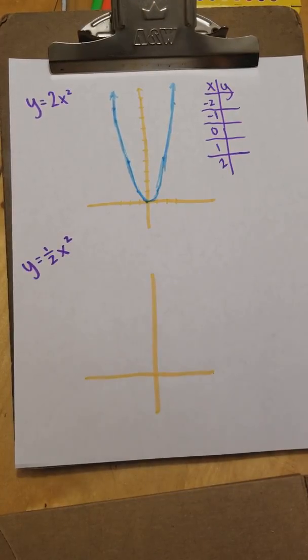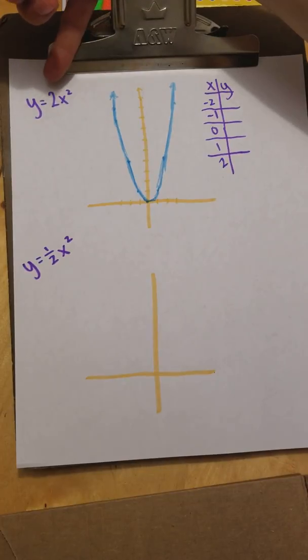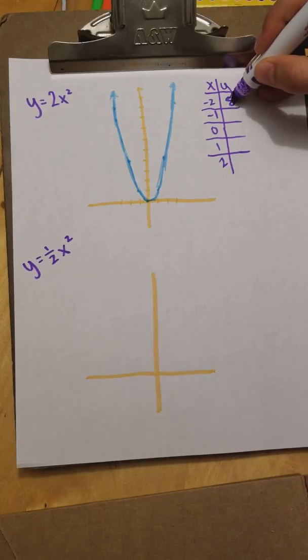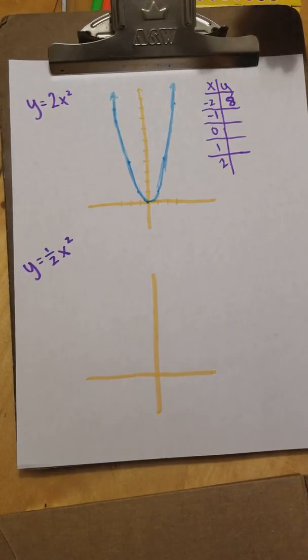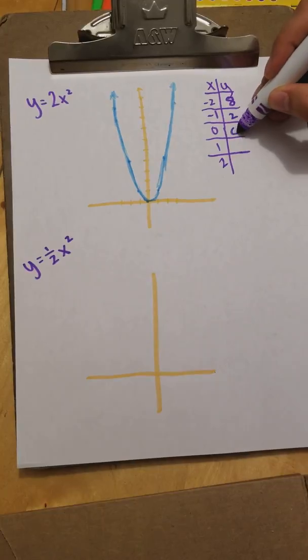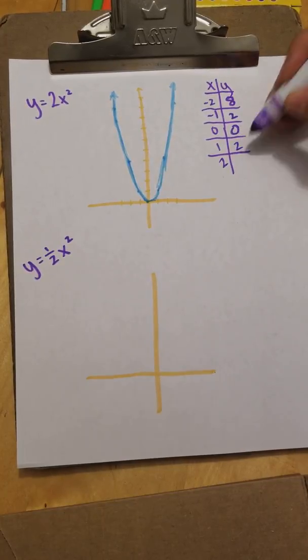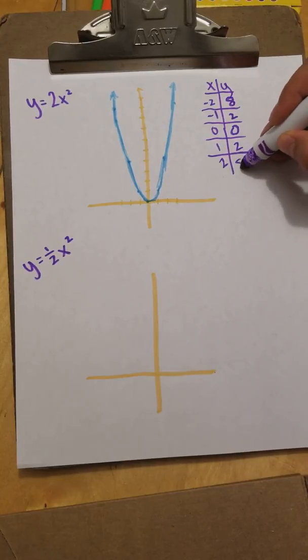We already calculated the values, but -2 squared is +4 times 2 is +8. -1 squared is +1 times 2 is +2. 0 squared is 0 times 2 is 0. 1 squared is 1 times 2 is 2. And 2 squared is 4 times 2 is 8.